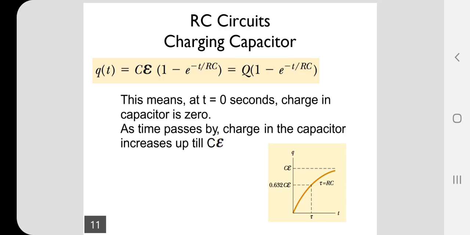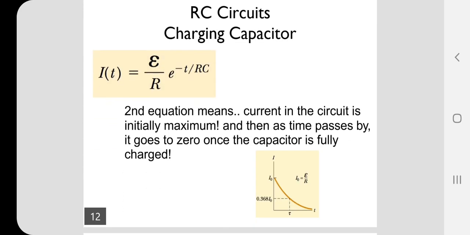So at t equal to 0 seconds, the charge in the capacitor is 0. As time passes, the charge on the capacitor increases up to CV or CE. Again this is the charging of the capacitor, q into (1 minus e power minus t by RC), where q is CV, right?